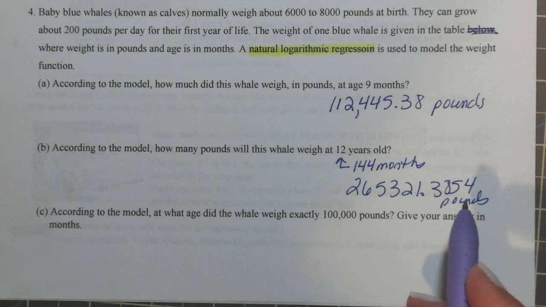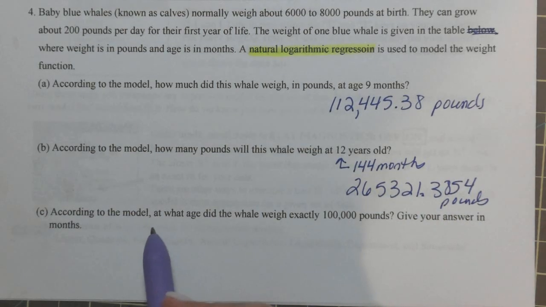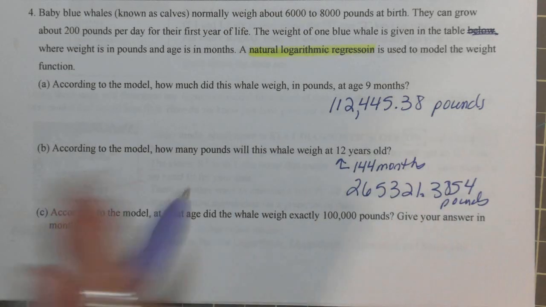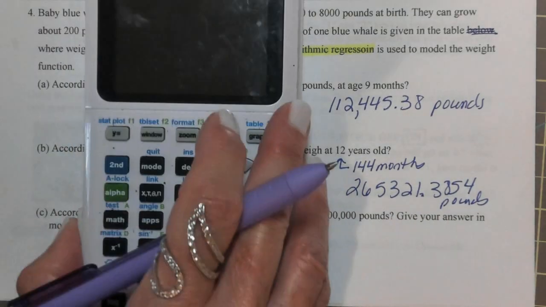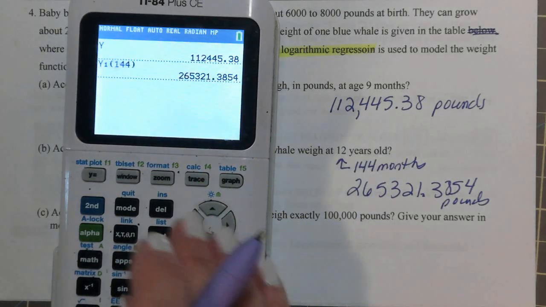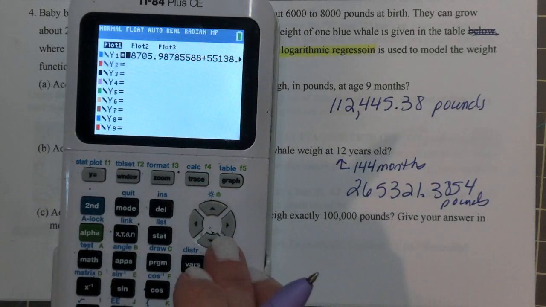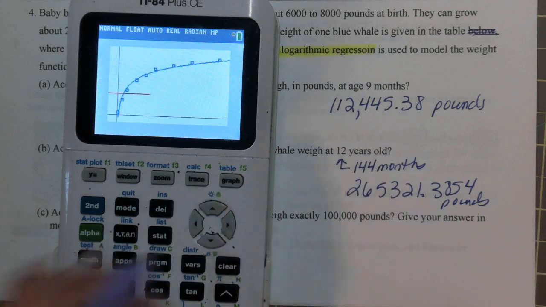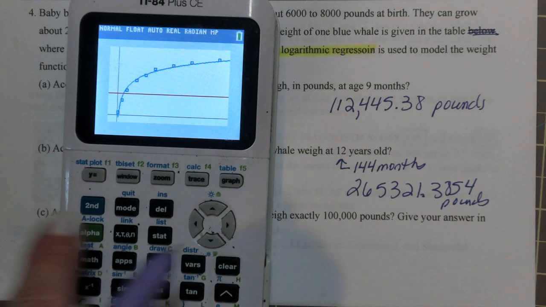Alrighty, where were we? According to the model, at what age did the whale weigh exactly 100,000 pounds? So we're going to go to Y equals, put 100,000 in for another Y, and hit graph. There's 100,000.